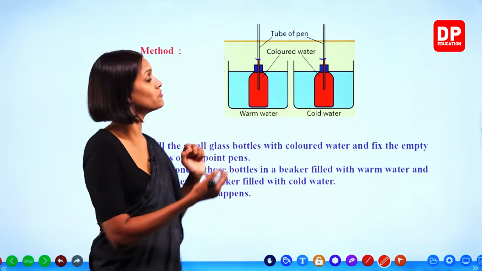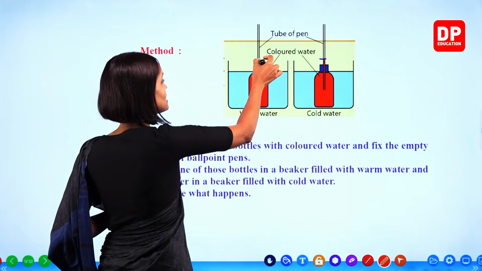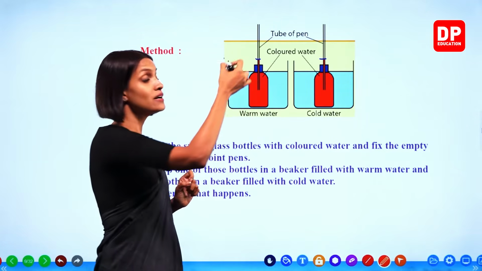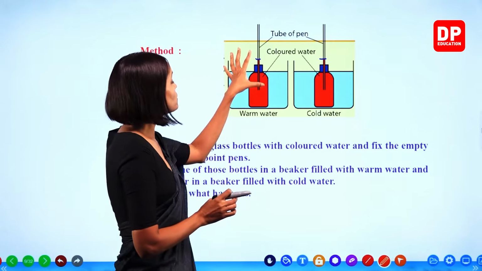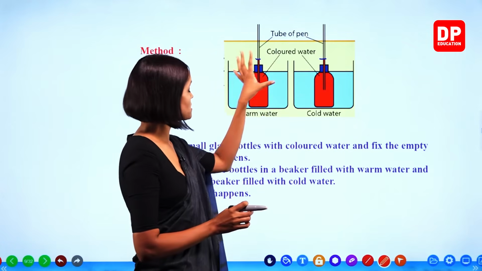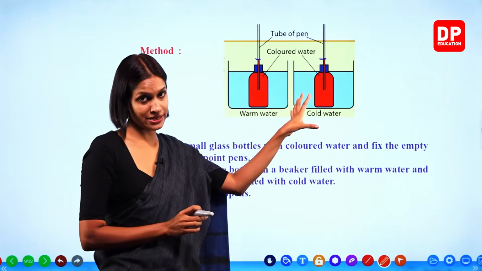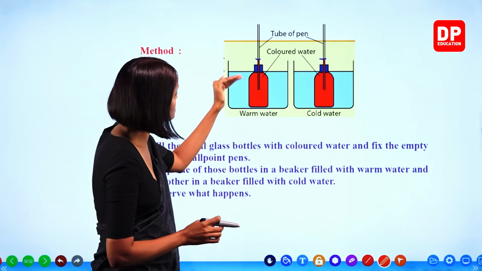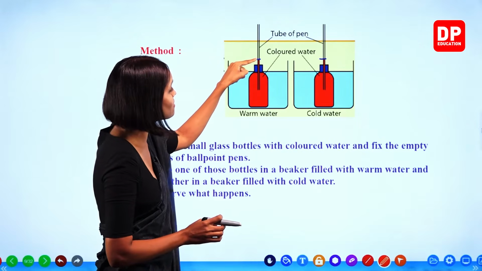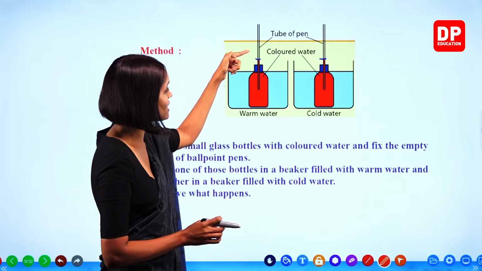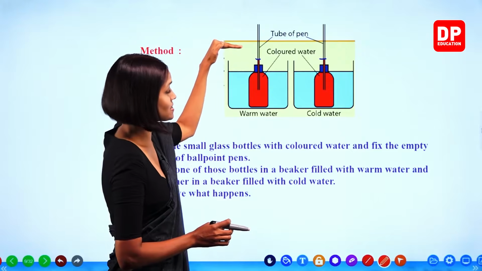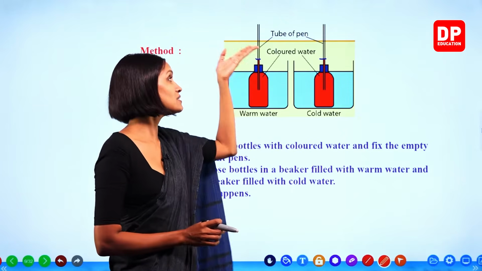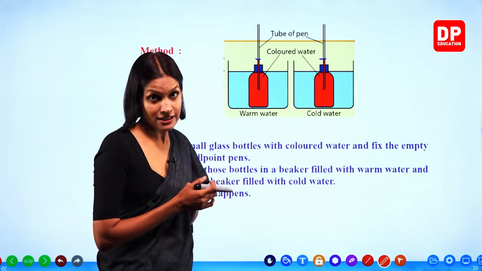You have to observe. First of all, you have to mark the initial level of this colored water inside the empty pen tube. So when you immerse these 2 setups in warm water and cold water separately, you have to observe what happens to this level of this colored water inside the pen tube. Right? Whether the level remains the same, whether the level increases or decreases. Right, children?